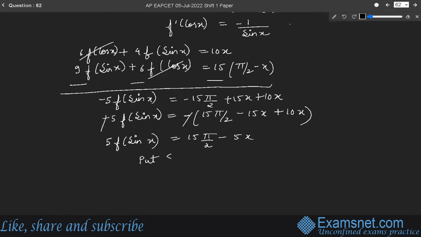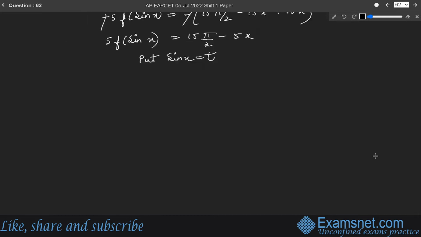Put sin x is equal to t. See, we have to repeat the same procedure for this part also. If sin x is equal to t, then x will be sin inverse t. So 5 of f of t is equal to 15 pi by 2 minus 5 into sin inverse t, because we know that x is equal to sin inverse t.